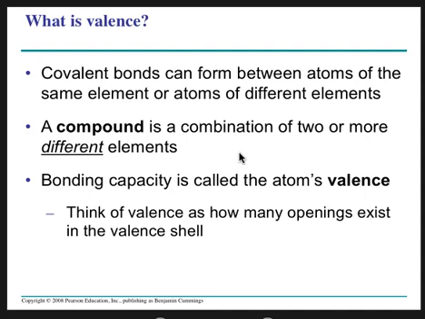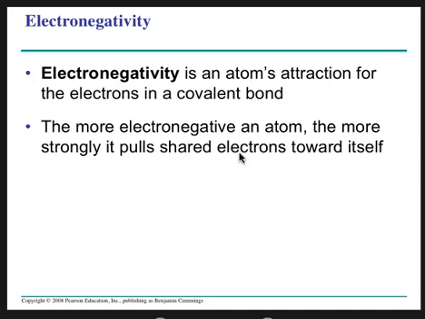So if I'm in the 2p orbital, and I have 5 open spaces, meaning I only have 3 electrons in that shell, what that means is that atom has a valence of 5. It's the number of open spaces that can either share an electron or acquire an electron from somewhere else.